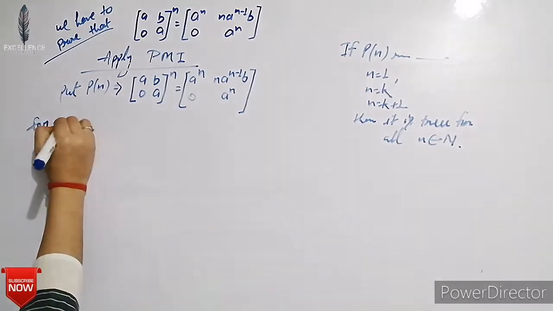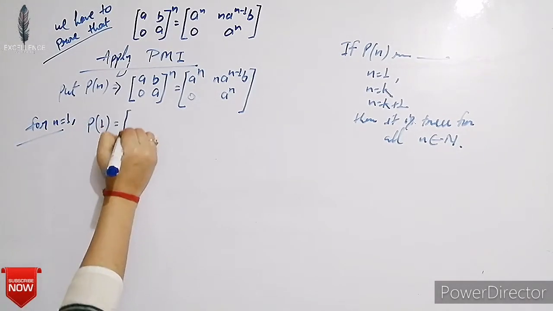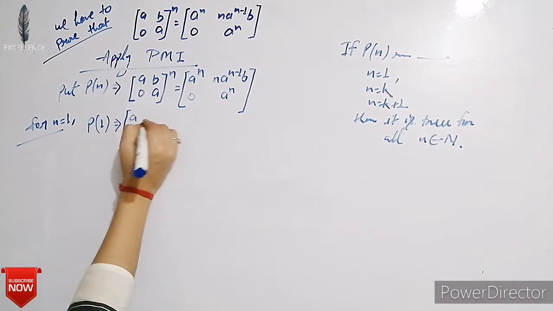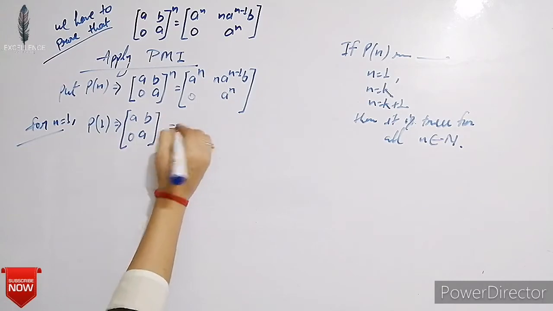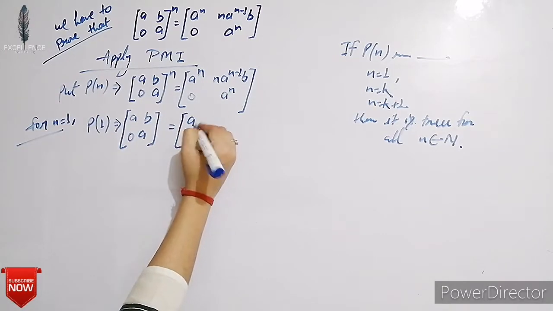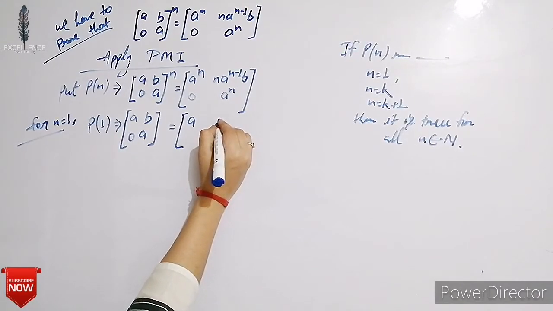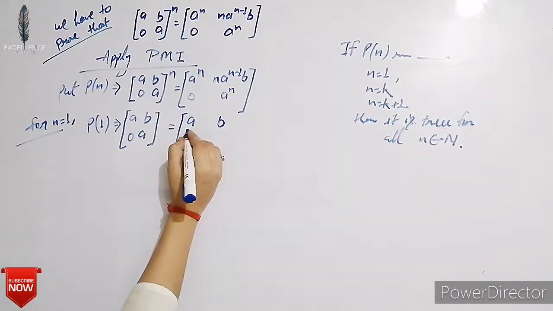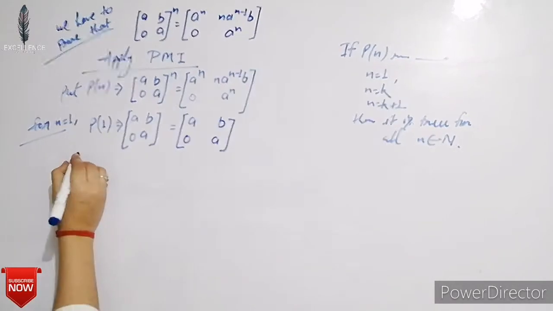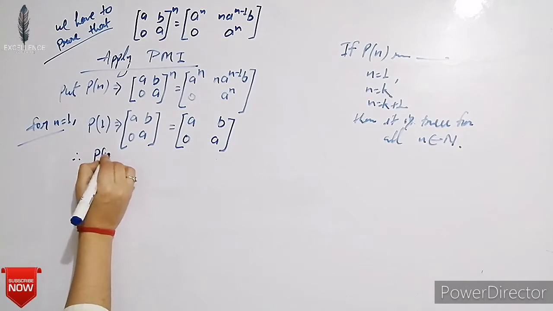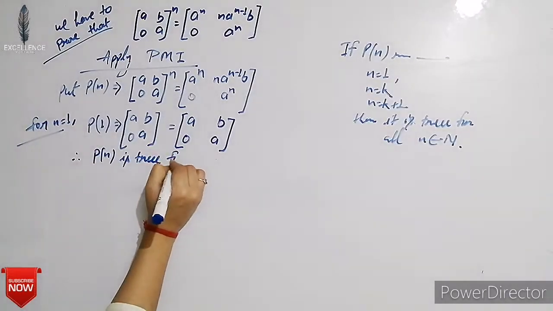First, for n equals to 1, we have P of 1. Now put the value of n is 1, then we get [a 0; b a] raised to power 1, that is equals to [a 0; b a]. In our RHS part, we have a raised to 1, a, here 1 into a raised to 1 minus 1, that is a^0, so it is b. Now here a. Okay. So we get P of n is true for n equals to 1.